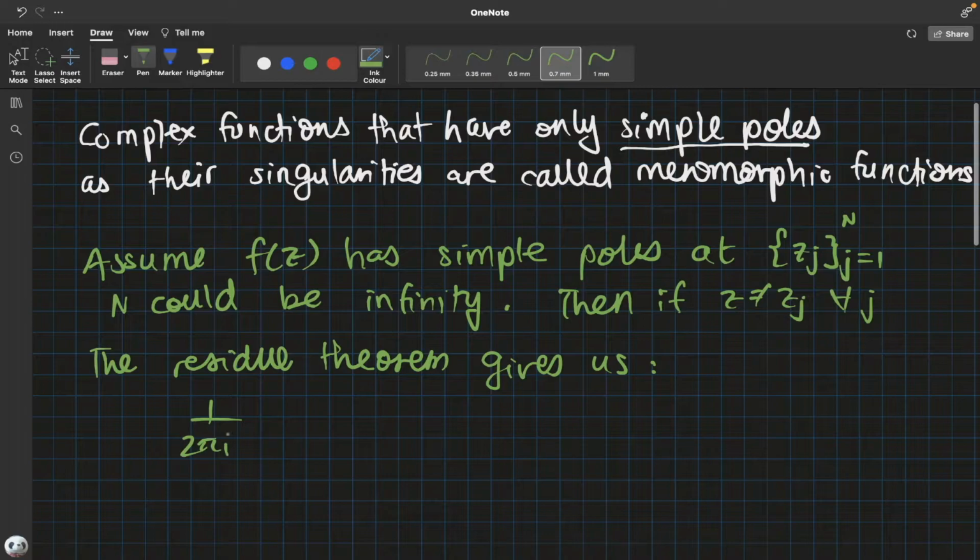1 over 2 pi i. This is not really connected to multivalued functions.